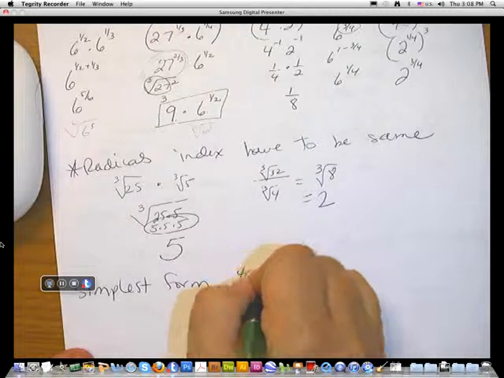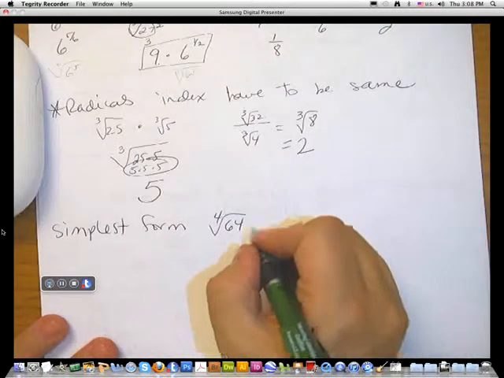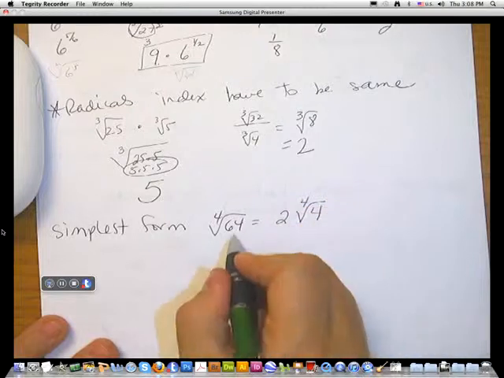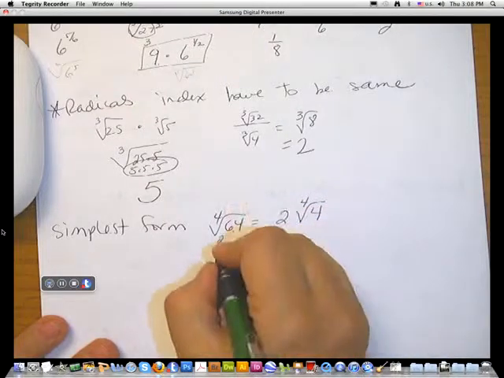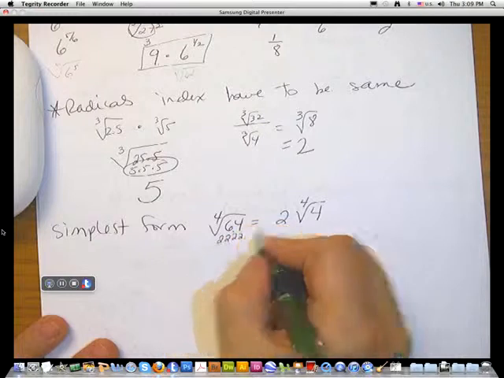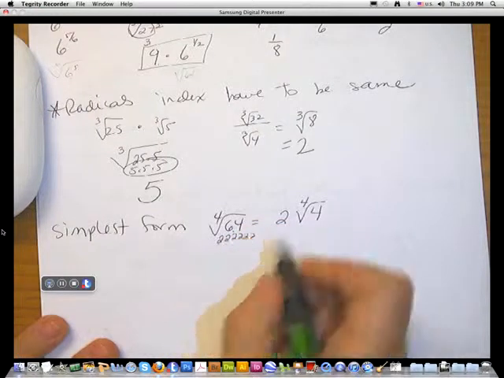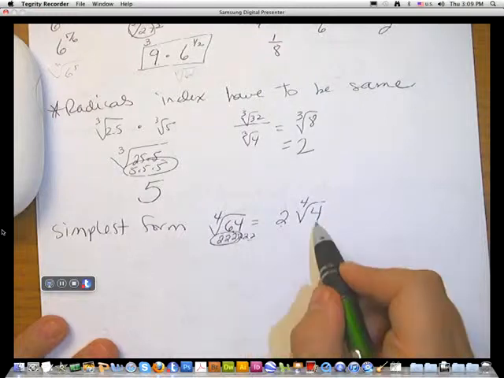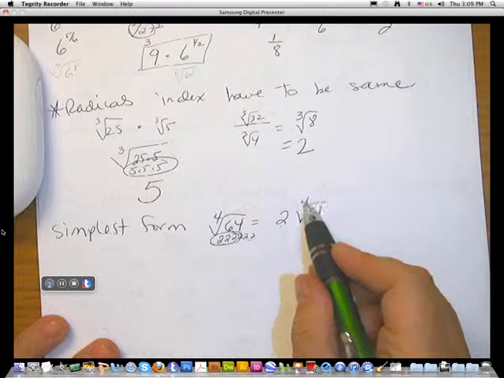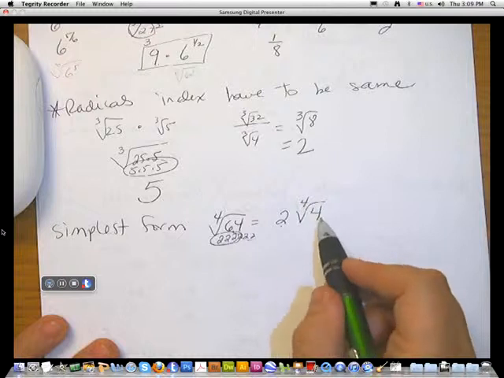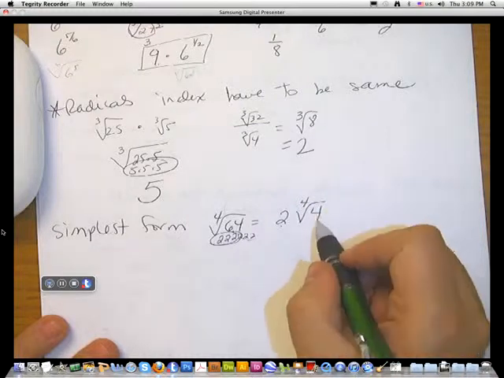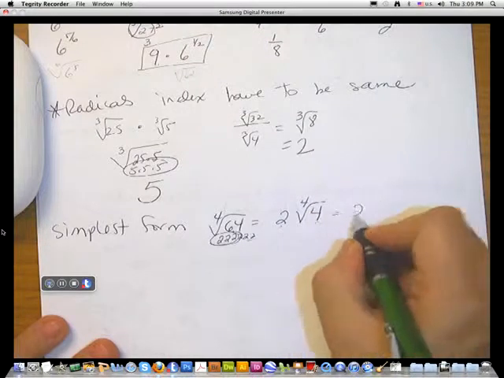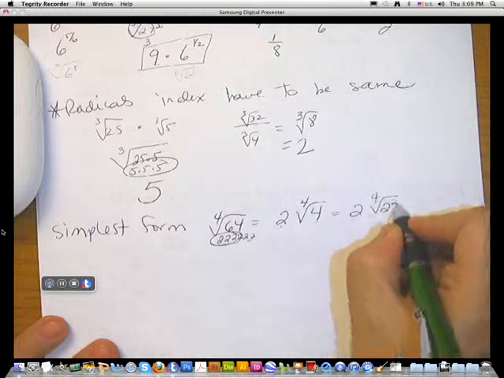So if I have the 4th root of 64, that's really 2 times the 4th root of 4, because 64 is 2, 2, 2, 2, 2, 2, 6 of them. So that's the 4 that came out, and that's what's left over. However, there's a simplification here. I can rewrite 4 as 2 squared.